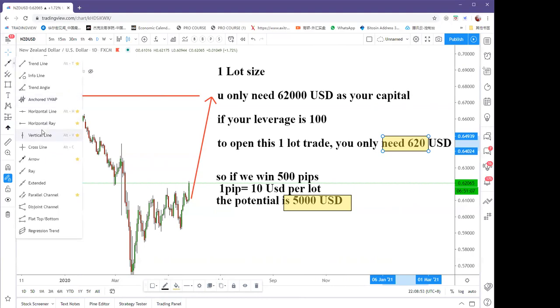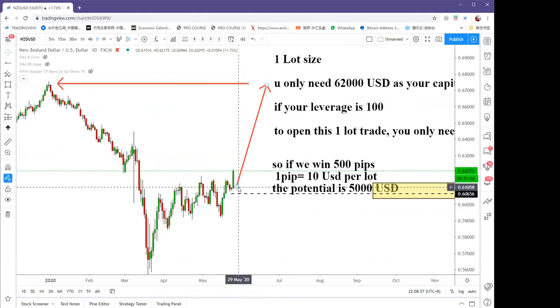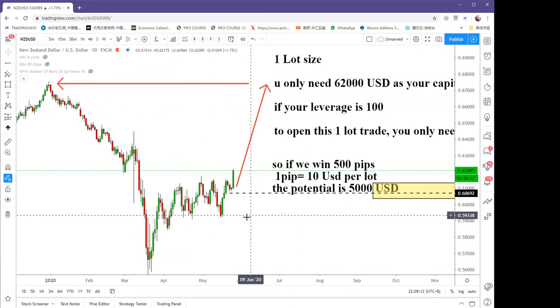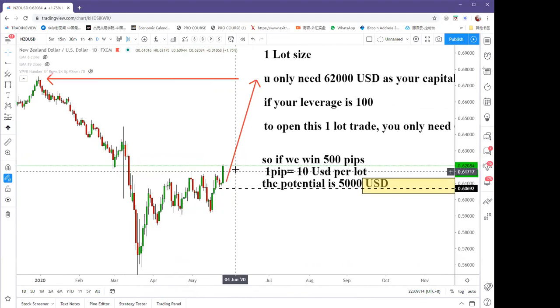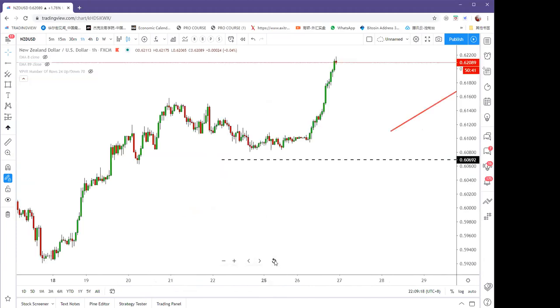And where's our stop? The stop should be put here. If you enter here at like 0.61, you only risk 30 pips. Basically that means you only risk $300 for a 5,000 potential. But if you want to buy now, you have to set your stop loss below the 1 hour chart.